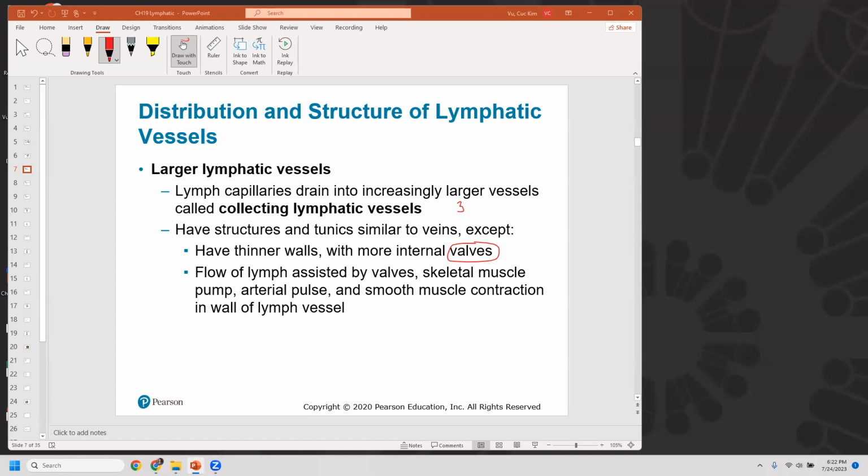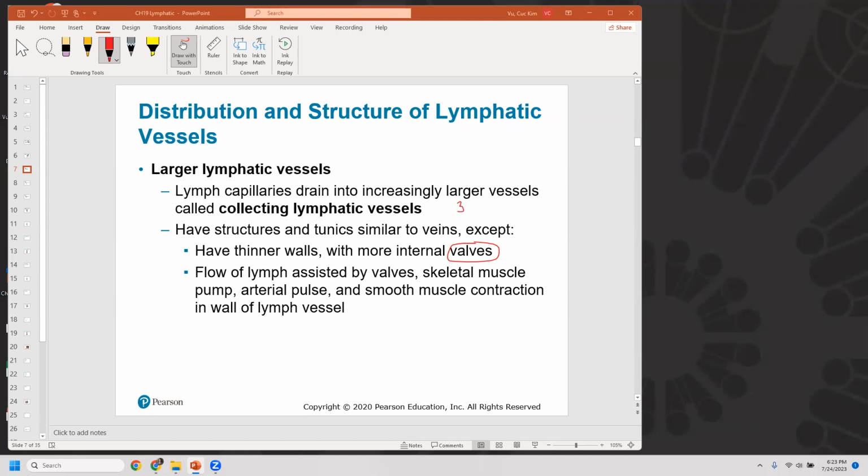A respiratory pump. Okay. So your respiratory pump. Yep. What else? And then the sympathetic vasoconstriction of the vein, like reducing the volume of the blood in the vein. Yep. And then you have one more.